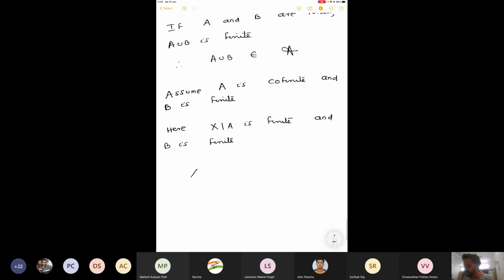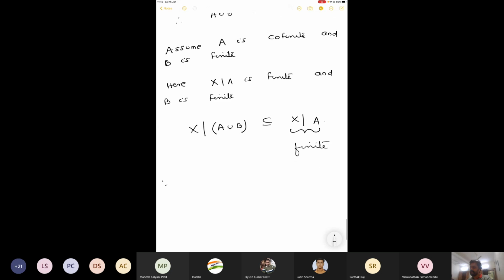Now, do you agree with this? X minus A union B is contained in X minus A. Correct, because A is contained in A union B. But X minus A is finite. Therefore, the subset should be finite.